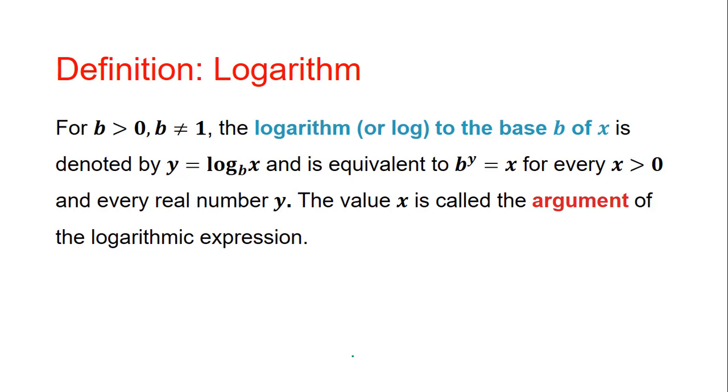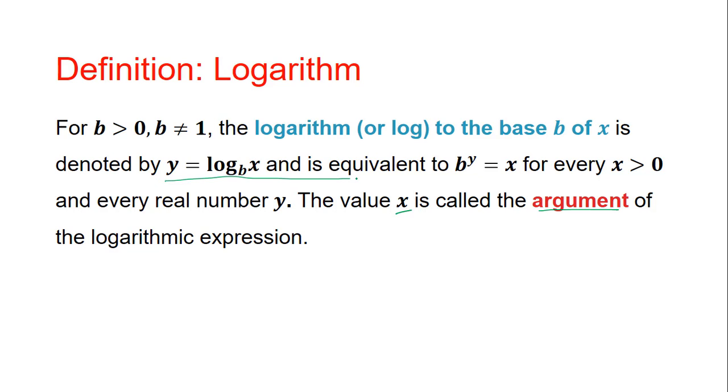Just a more official definition of a log. For b greater than 0 and b not equal to 1, the logarithm, or sometimes we just call it log, to the base b of x is denoted by y equals log to the base b of x, and this is equivalent to b to the y is equal to x for every x greater than 0 and every real number y. The value x is called the argument of the logarithmic expression.